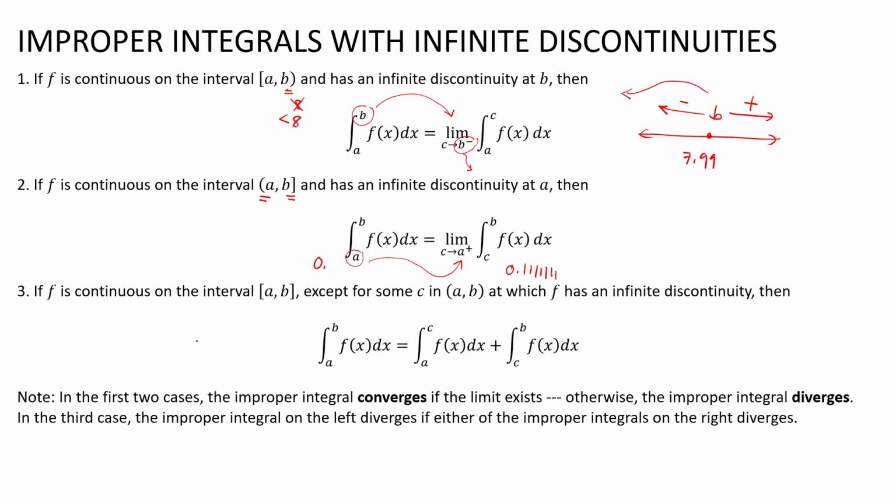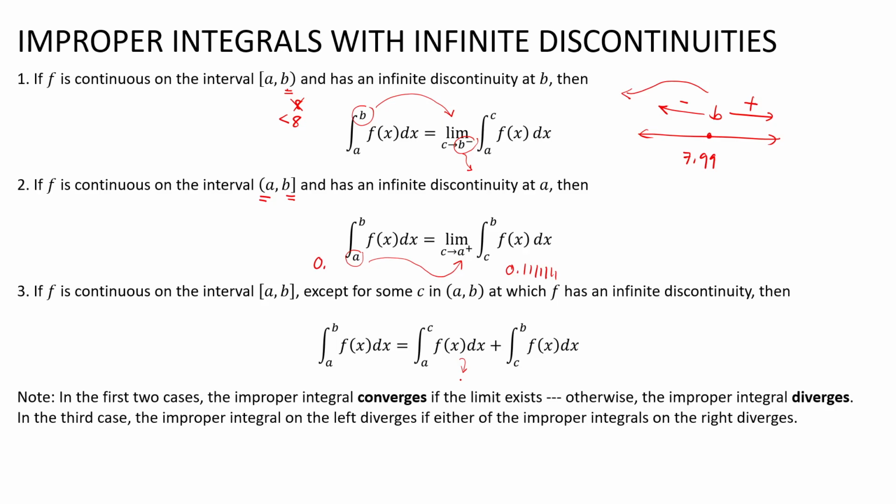Okay, so you also have the third one, the same concept as the third property earlier. If the two limits are discontinuous, you need to split it into two parts and then apply the first and second properties of your improper integral.